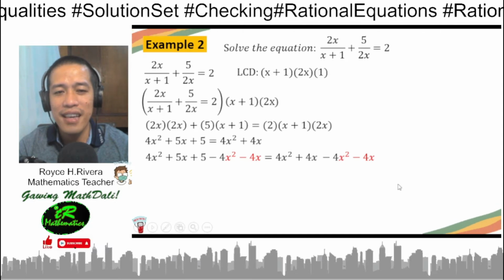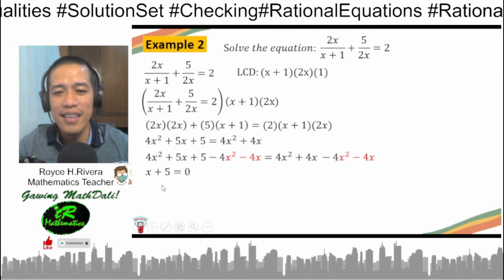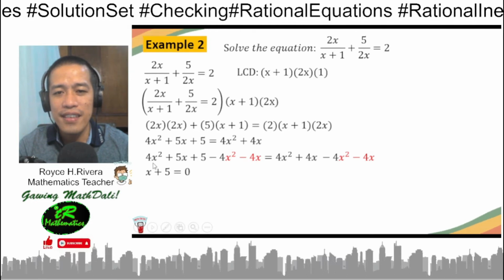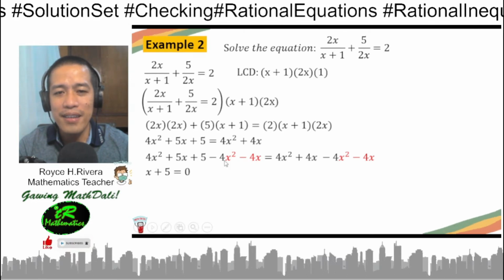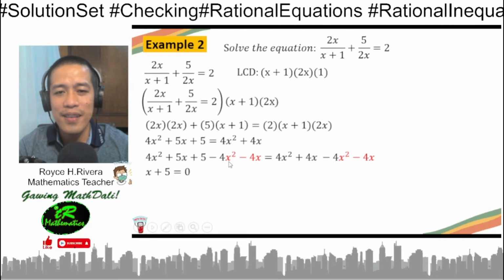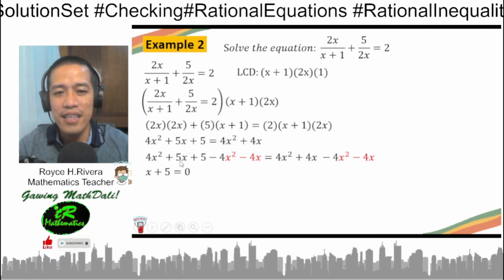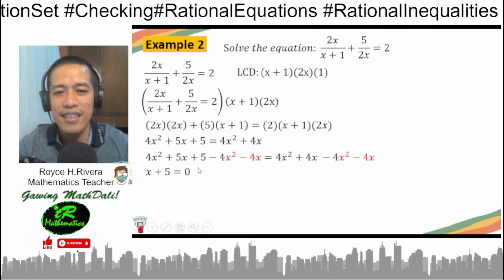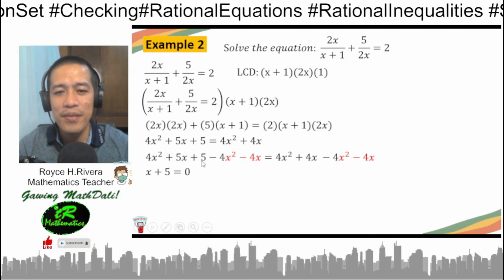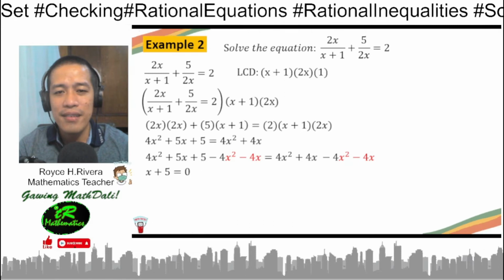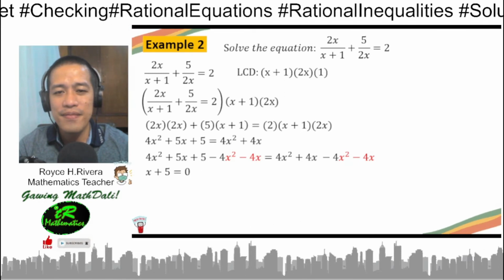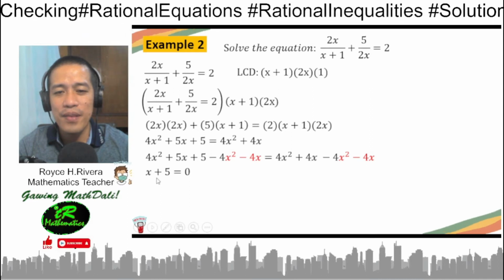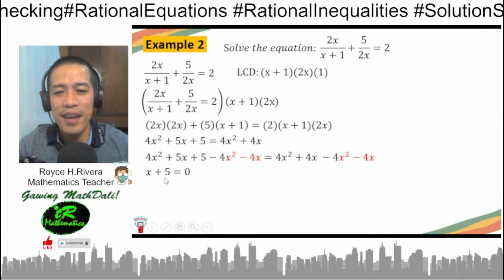And the left side, we will get x plus 5. 4x squared minus 4x squared is 0. 5x minus 4x is x. Then we will just copy 5. So we obtain x plus 5 equals 0.